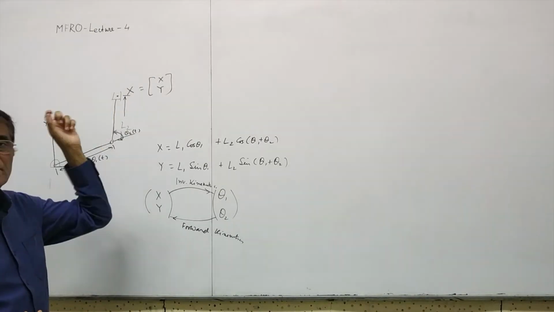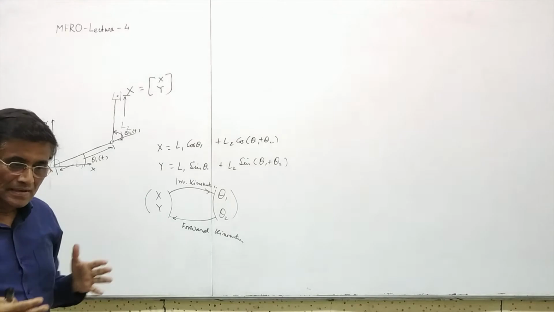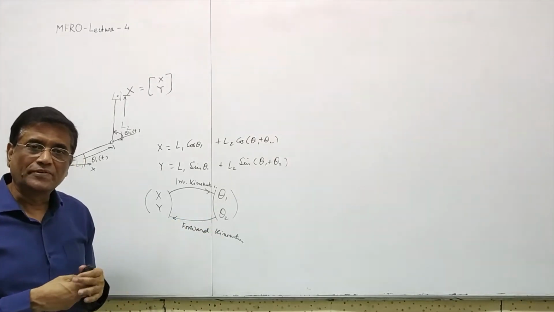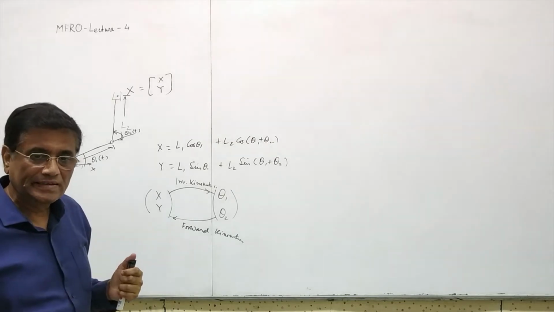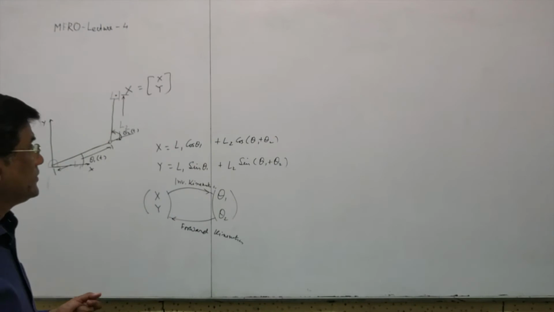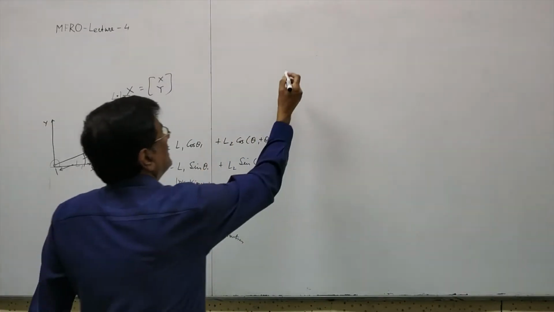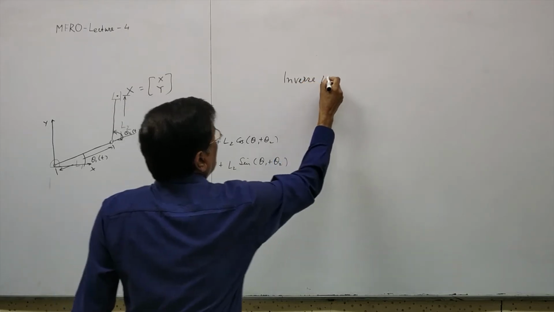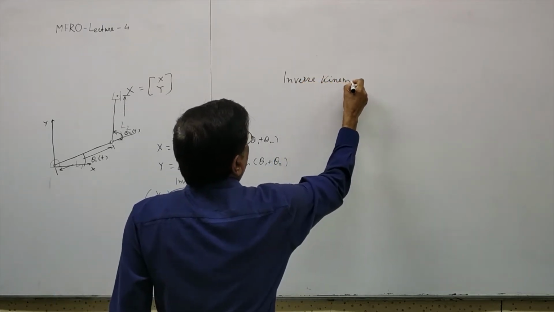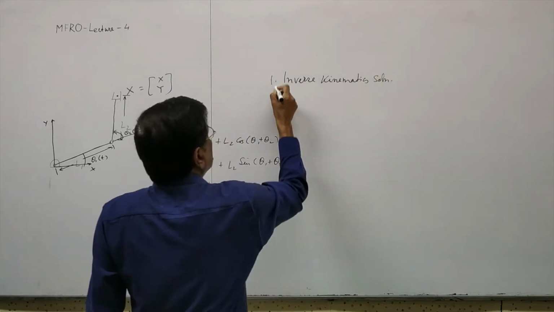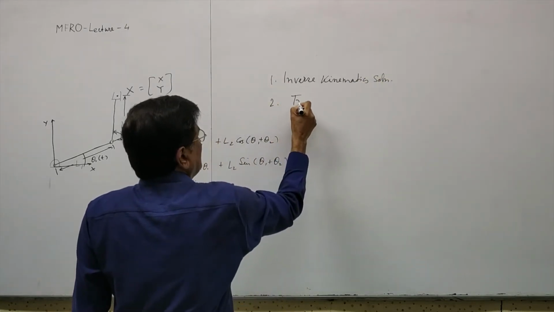Because it has multiple solutions, it has some freedom within those multiple solutions to figure out the smoothness of the joint motion. So that is called trajectory planning. Okay. So inverse kinematics, inverse kinematic solution, trajectory planning.